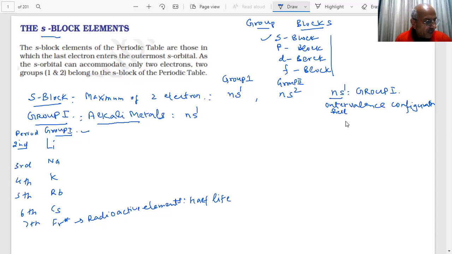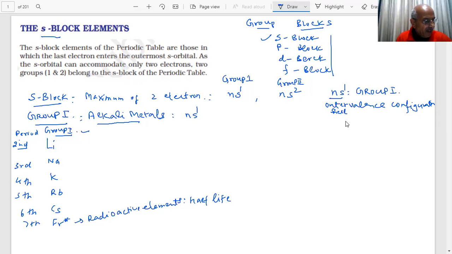And therefore, the study of these elements is not easy. They are to be studied only in nuclear reactions, and also their abundance is very, very low in the earth's crust. Therefore, we are not going to study the chemistry of francium in this chapter.